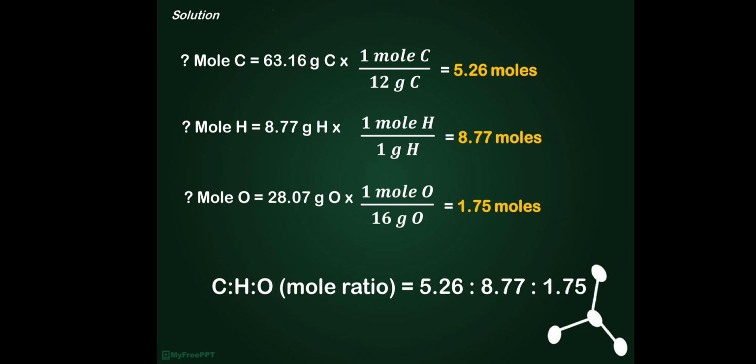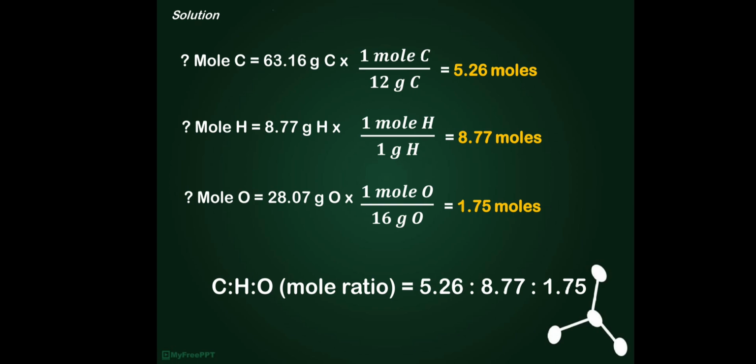The same process again for the mole of oxygen. 28.07 gram multiplied to 1 mole oxygen over 16 gram oxygen. So 28.07 multiplied to 1 is equals to 28.07 gram divided by 16 gram is equals to 1.75 moles.